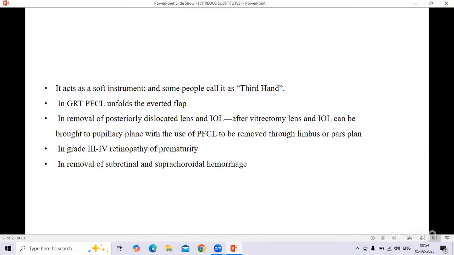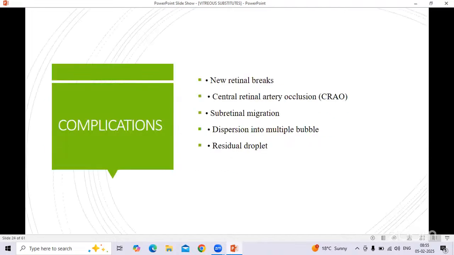They also act as soft instruments, so they are also called the third hand. In giant retinal tears, they can unfold the everted flap, and they also help in the removal of posteriorly dislocated lenses and IOLs. They're also used in ROP and in removal of subretinal and suprachoroidal hemorrhages.